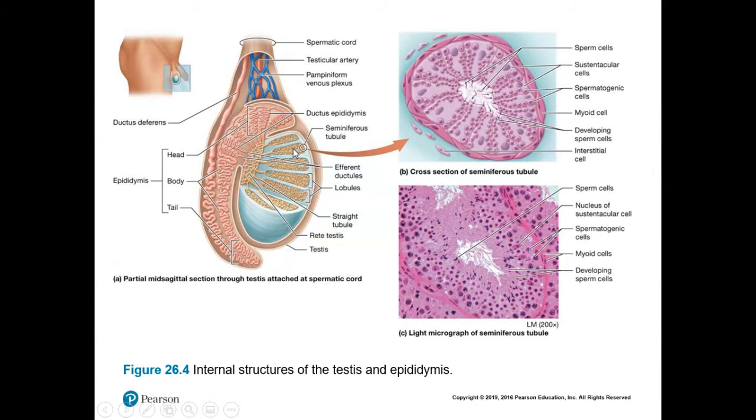There are millions of them inside of each testis, all of which are interconnected, and they lead over to the rete testis, which is this complex network of tubules. The rete testis is an extension of the seminiferous tubules.